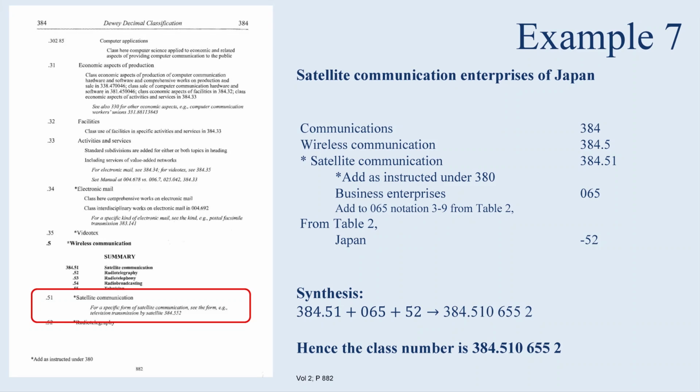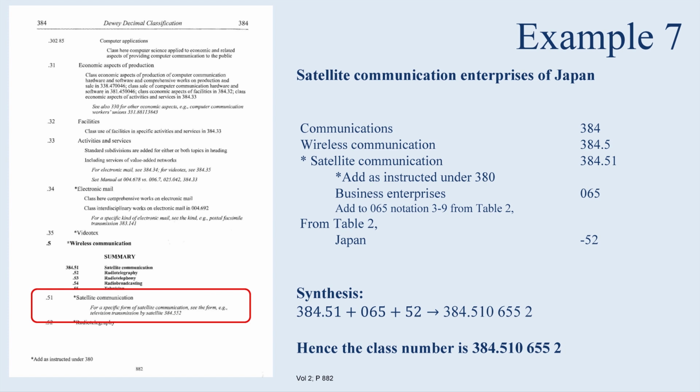So under this extended subdivision, we have the provision for the instruction to add area notation from table 2. So it became easier for us. We simply move to table 2 and find the number for the area notation for Japan, that is 52, because you know that Japan is in Asia, which is 5, and thereunder Japan is 52.